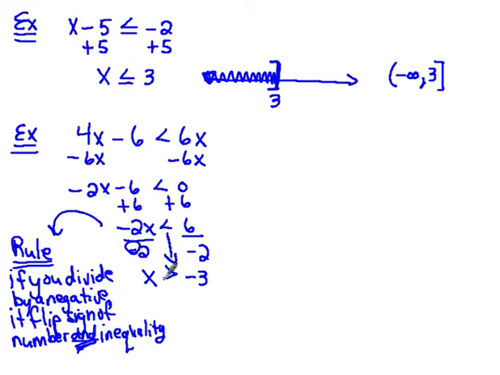So when I come to graph that, instead of less than being to the left like we would think up above, greater than is to the right, and it gets a parenthesis, and my interval notation would be from negative 3 to positive infinity, parenthesis on the left and parenthesis on the right.